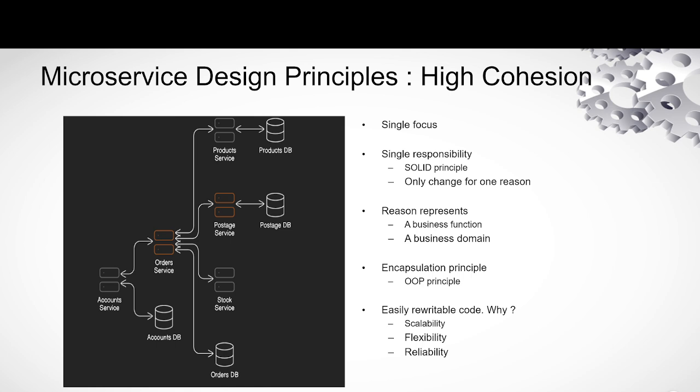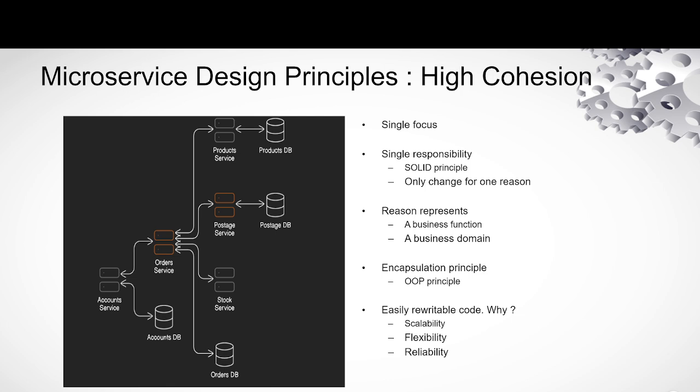Overall, if our microservices have high cohesion, it makes the overall system highly scalable, flexible, and reliable. The system is more scalable because we can scale up individual microservices which represent a specific business function or business domain which is in demand. Instead of scaling up the whole system, we can scale the specific behavior of the system.